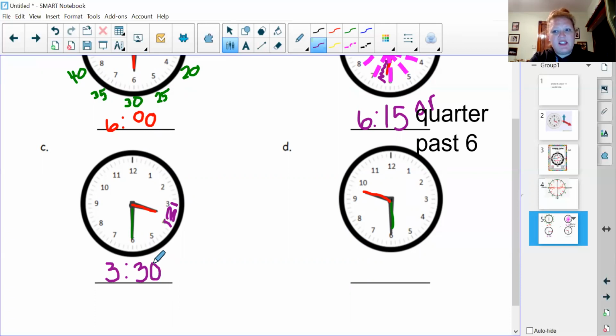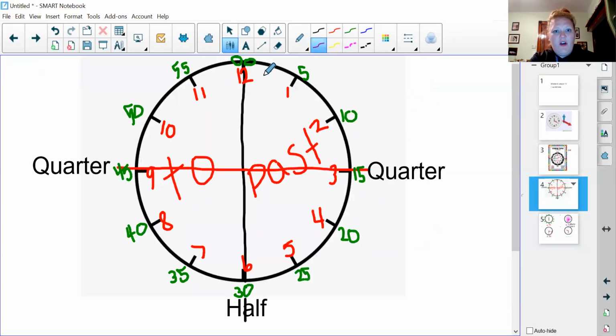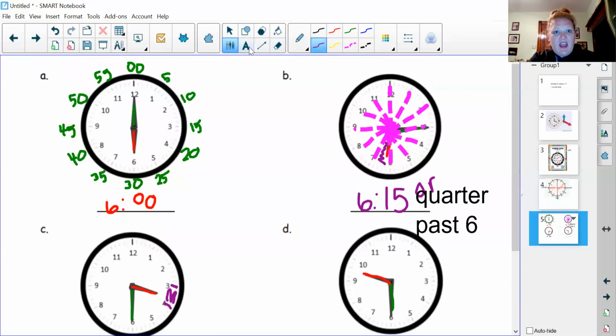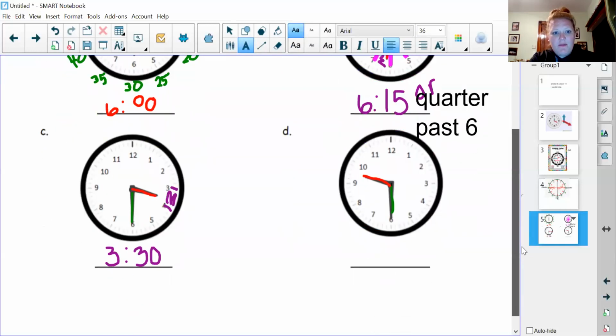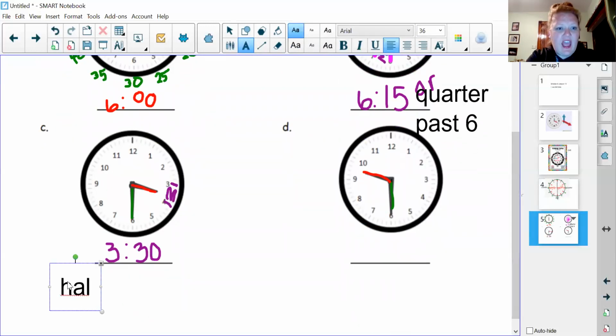Now, what's another way we can say that? Let's go back to our clock. Half, right? And it's half past. So we can say right here that this time is half past 3. Because you always say the hour, so it's half past 3. Right here, it's a quarter past 6 because the hour was 6. But right here, it's half past 3.